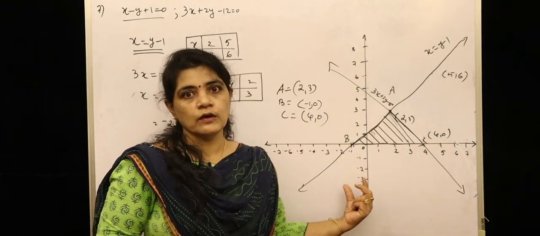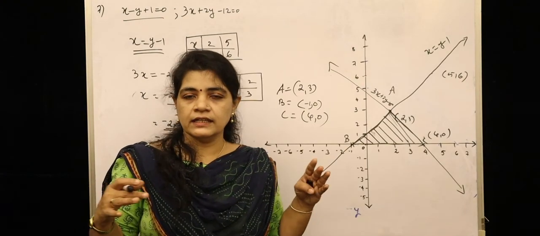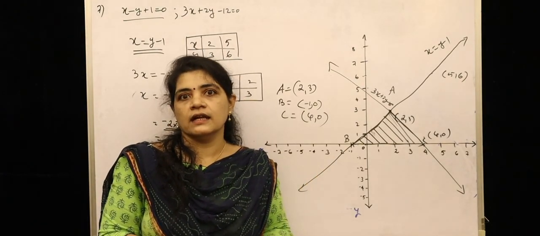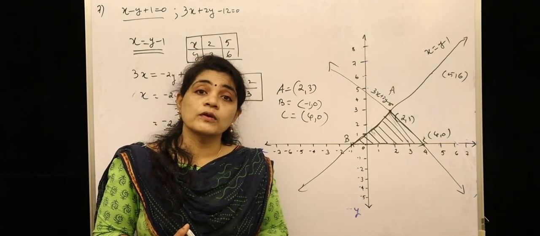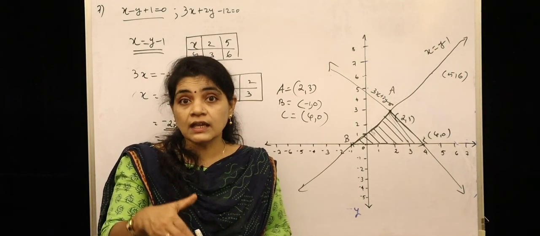I have drawn roughly. If you draw neatly in a graph book, you will get the correct answer. These are the vertices of the triangle formed by the lines with the x-axis.